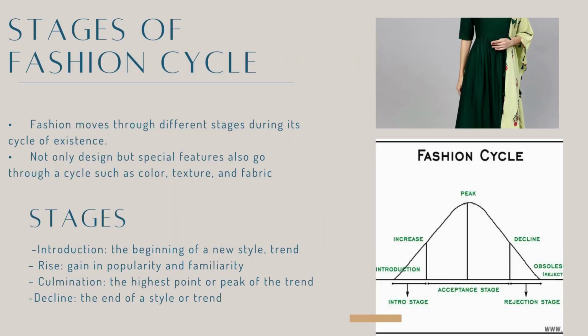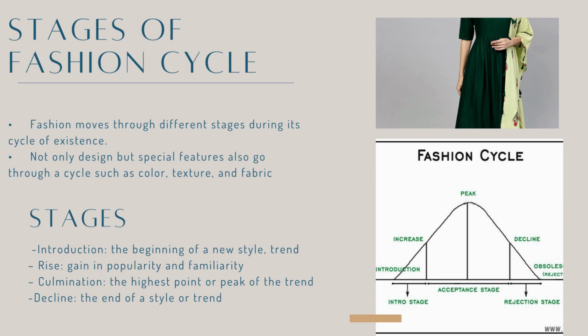Now, let's look at the stages of the fashion cycle. Fashion moves through different stages during its cycle of existence. Not only design, but certain small features can also go through these cycles, such as certain colors, textures, or fabrics. For example, the jute fabric can be in fashion.